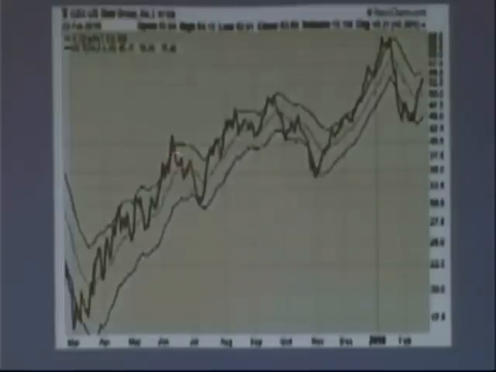So the idea is when it's near the upper band, you want to sell an in the money call that gives you more protection because the odds are the stock's going down. And if it's near the lower band, here and here, then you want to buy an out of the money because the odds are it's going to rally from there, and the out of the money would be more profitable.